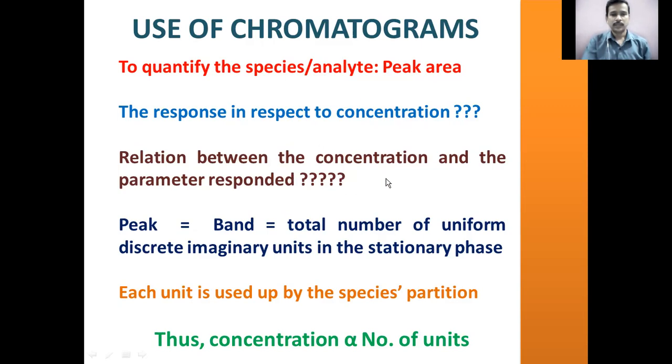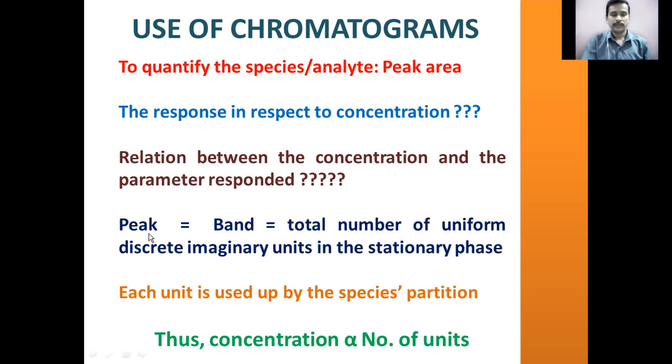Then the relationship between the concentration and the parameter responded is also very important. What kind of relationship exists between concentration and the parameter responded by the detector? The detector responds with respect to the concentration of the solute. In what way is it related? It is also very important.